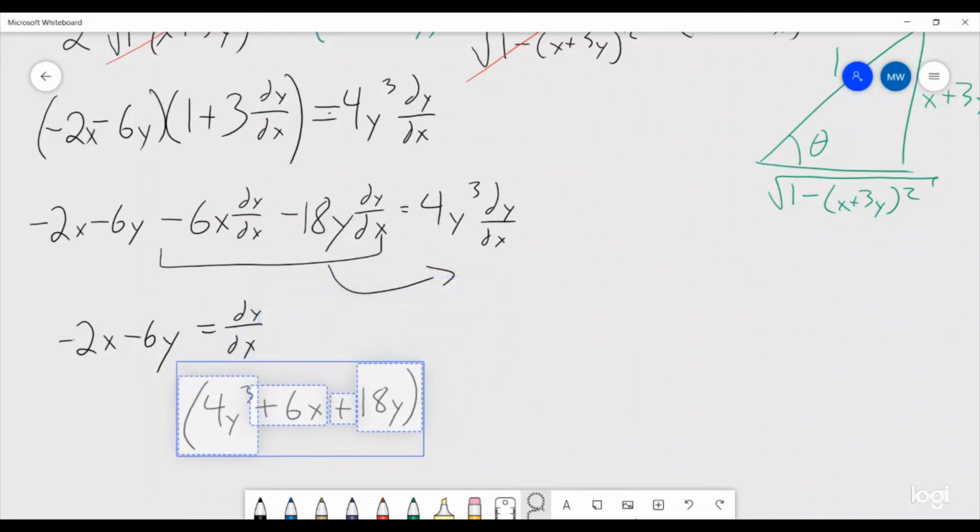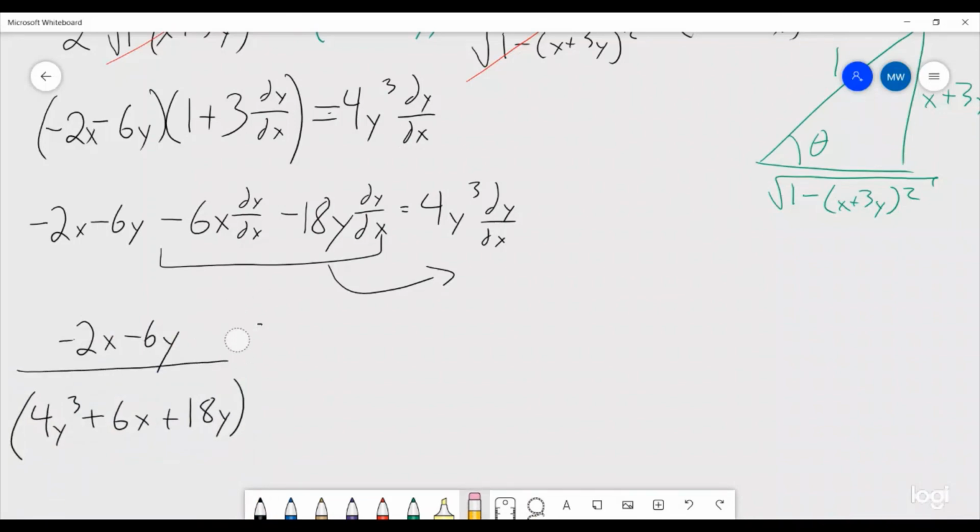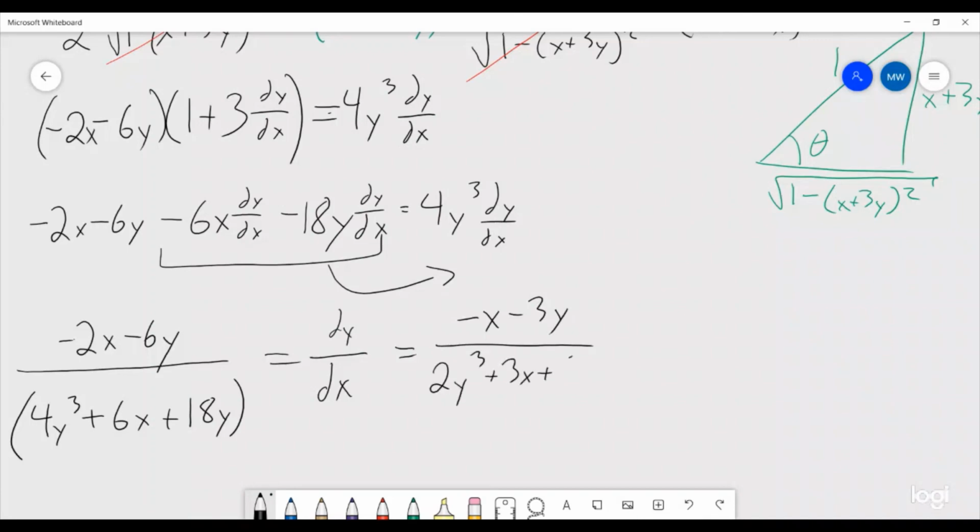That is what dy/dx is going to be equal to. We could do a little bit of simplification by dividing everything by 2. So it's negative x minus 3y all over 2y cubed plus 3x plus 9y. That is our answer for dy/dx.